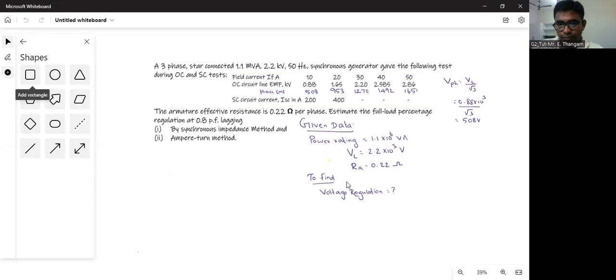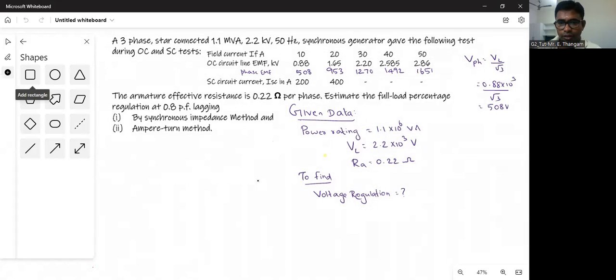You see here, we know the formula for power rating. If the power rating is given in VA, it is √3 VL into IA.